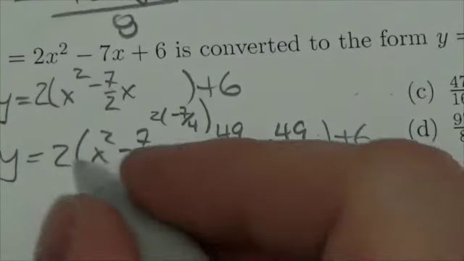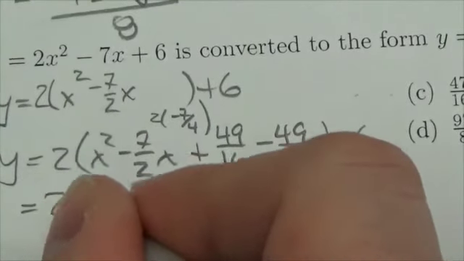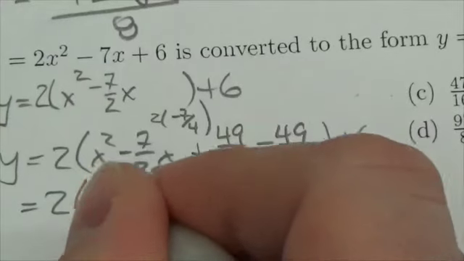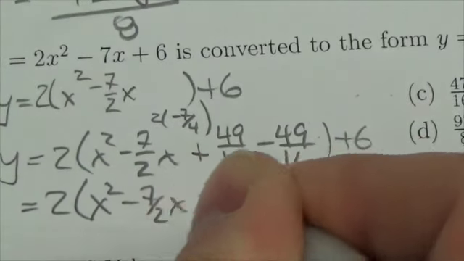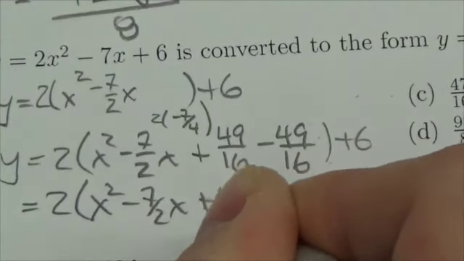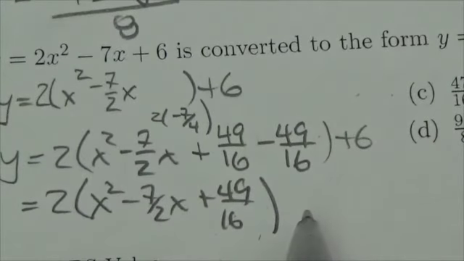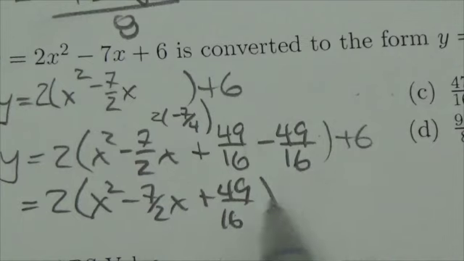My next step is to take that negative term out, so that what I'm left with is minus 7 over 2 x plus 49 over 16. I'm going to take out that negative 49 over 16.